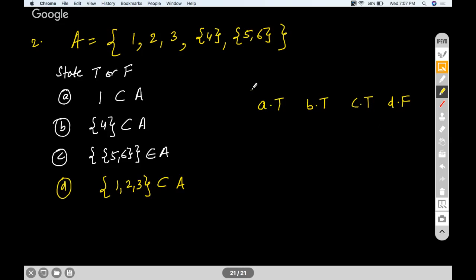In one go, in your box, you write this. So Vidyut says A is false, B is false, C is true, and D is true. Okay.